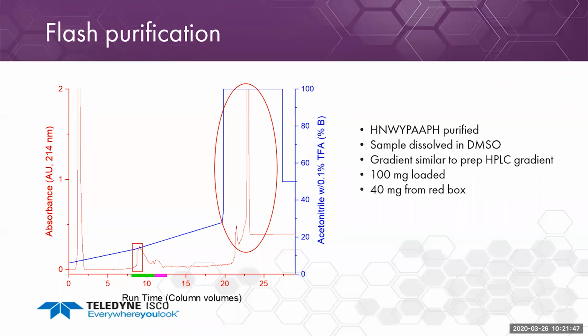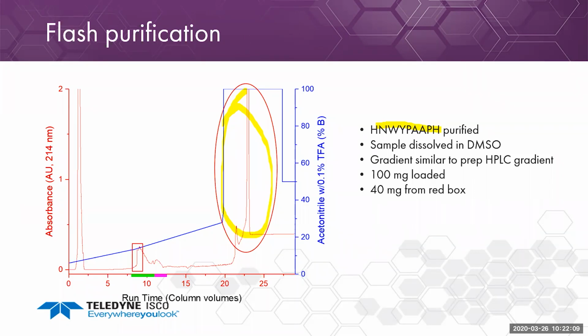So flash purification, we have our peptide purified. The sample was dissolved in DMSO because we have this huge amount of nonpolar impurity, and the DMSO dissolved everything. The gradient is similar to the prep HPLC gradient that I will show you shortly.